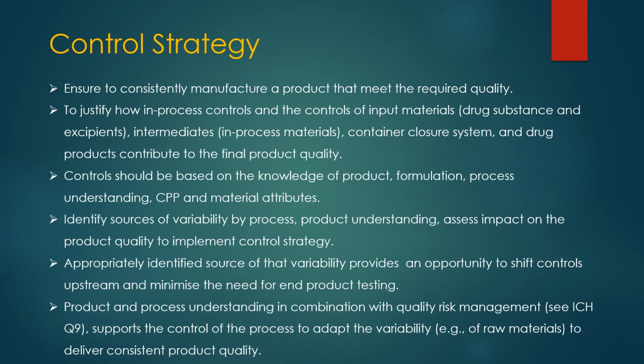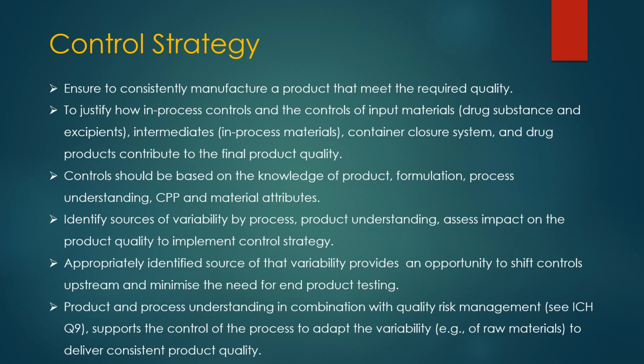Control strategy. Control strategy is very important in pharmaceutical development and manufacturing to ensure consistent manufacture of a product that meets the required quality. It should justify how in-process controls and the control of input materials like drug substance and excipients, intermediates, in-process materials, container closure system, and drug product contribute to the final product quality.